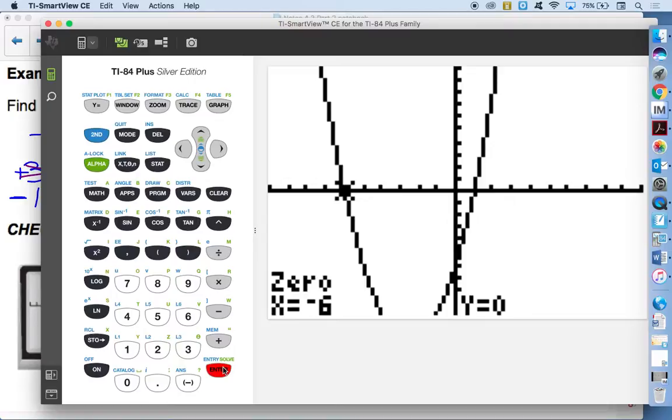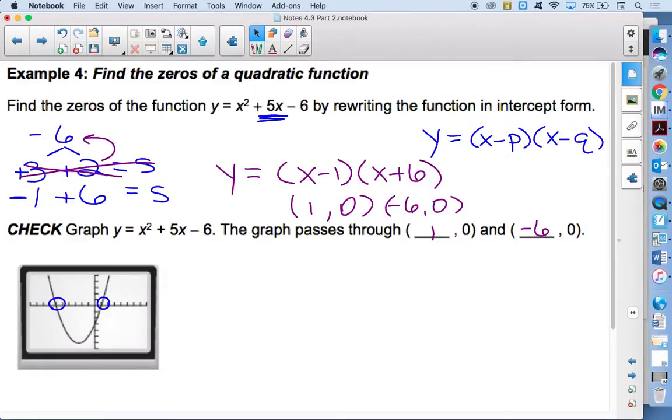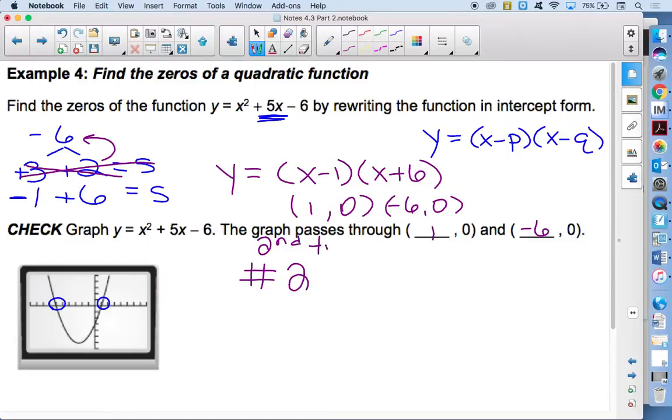Number 2. So underneath here, make sure that you're reminding yourself that you're doing number 2. So we did second trace, and number 2 is the 0 function.